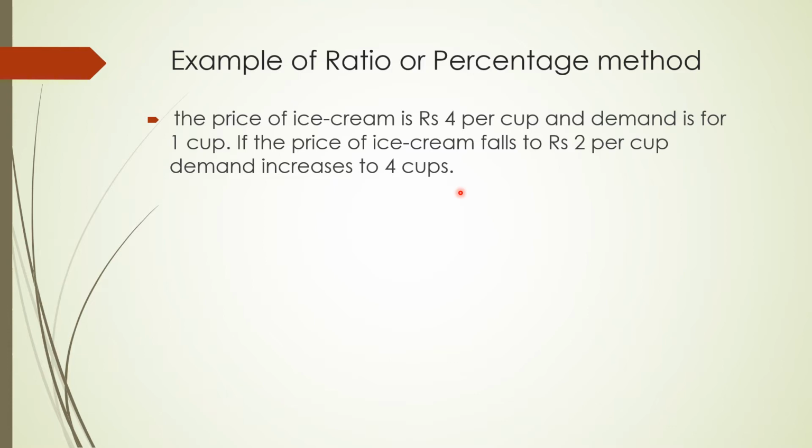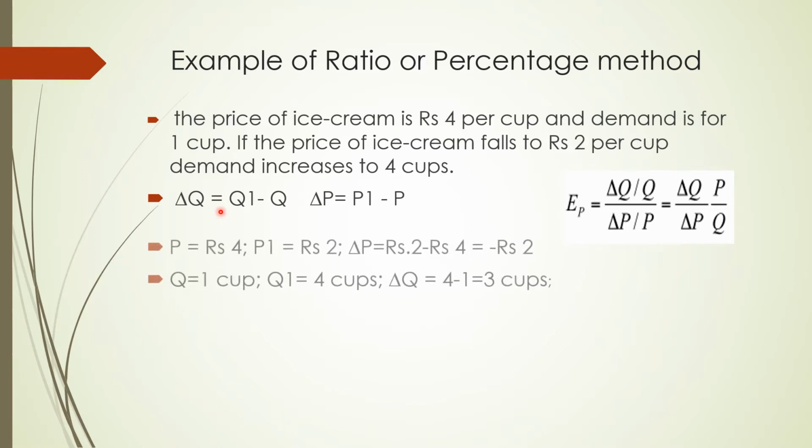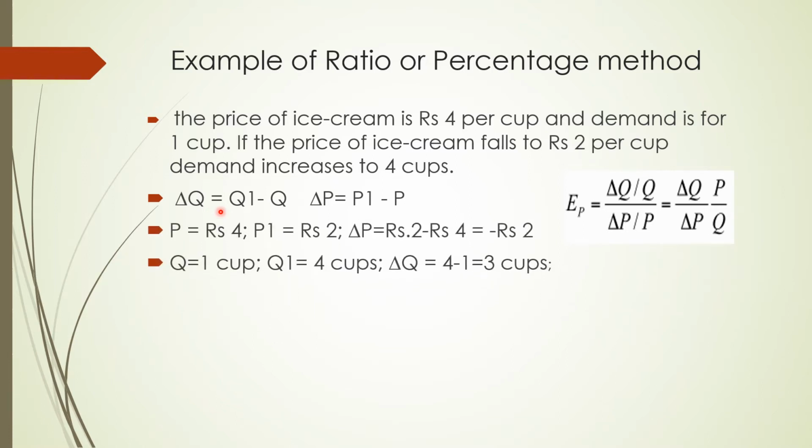Now how do you solve this? You know the formula: delta Q by delta P into P by Q. Now what is this delta Q or delta P? This is very important. Delta Q stands for Q1 minus Q and delta P stands for P1 minus P. What is this P1, and what is P?